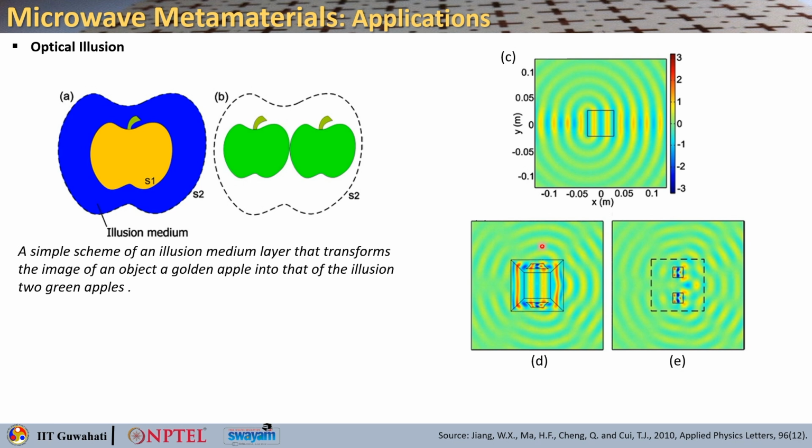So, it behaves as if there are two objects, okay. It is creating the same effect as if there are two dielectric square cylinders, okay. So, that is how you can create an optical illusion, okay. Instead of having a golden apple, you can think of having two green apples, something like that.